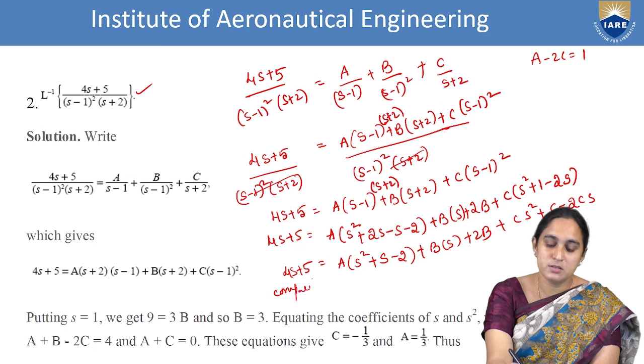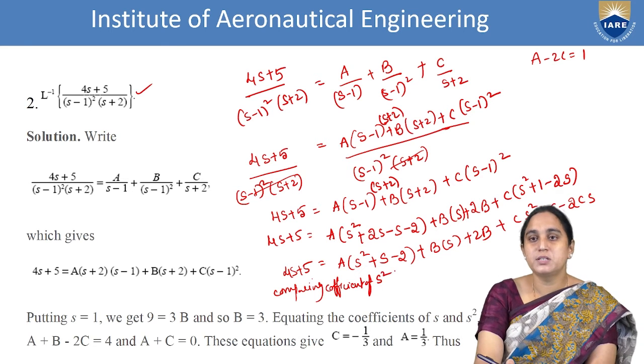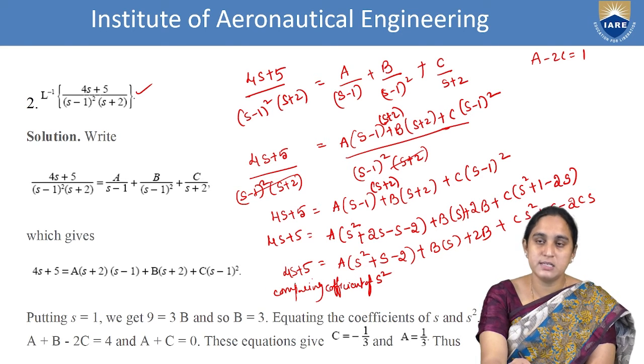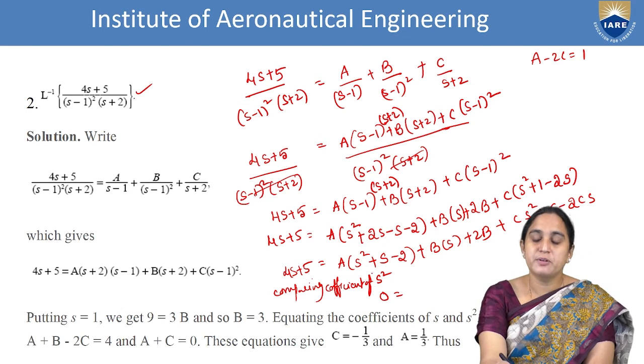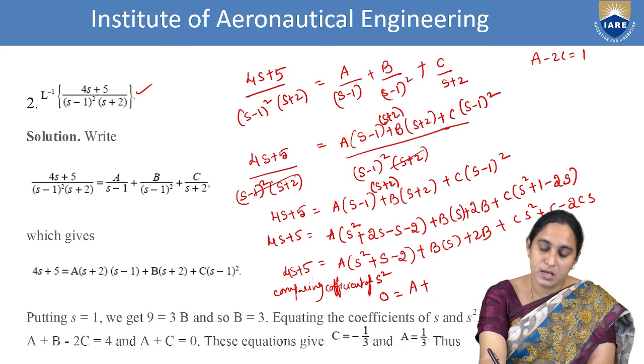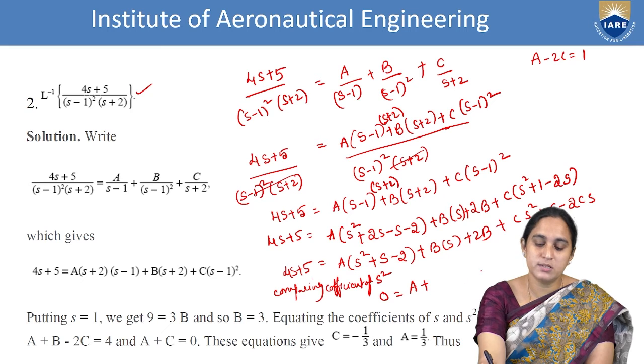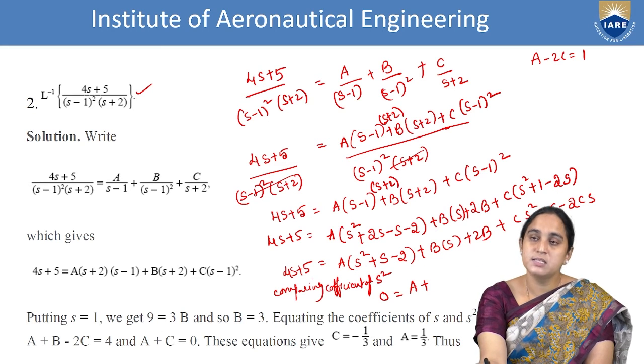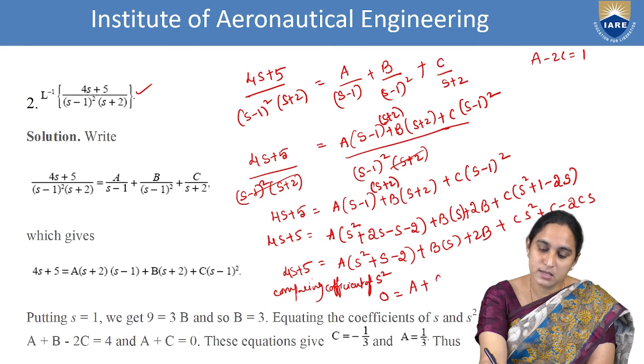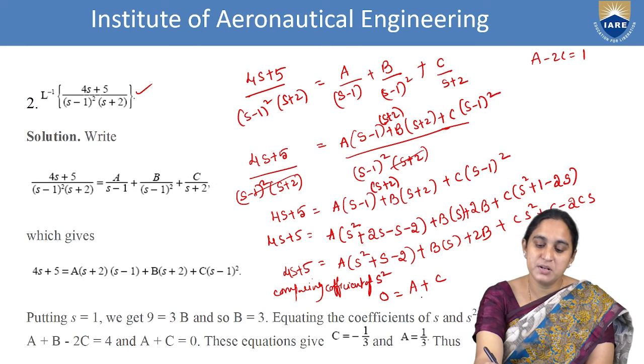Comparing coefficients of S square. On the LHS there is no S square coefficient, that means it is 0. On the RHS, the S square coefficient is A, for B there is no S square, that is 0, and for C the S square coefficient is C. Therefore A plus C is equal to 0.